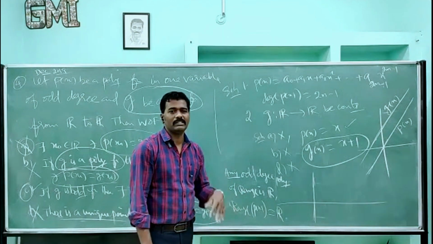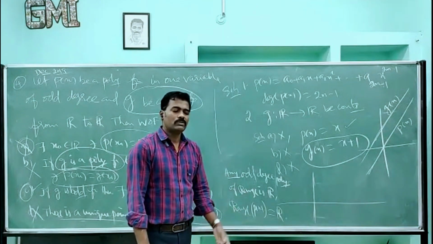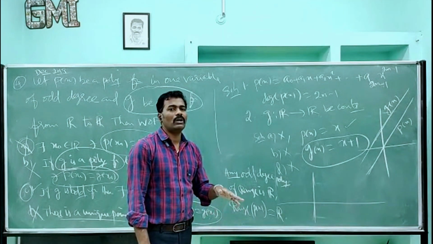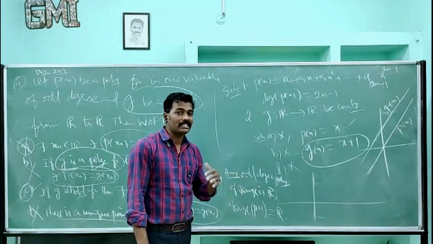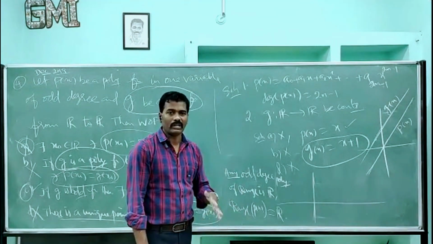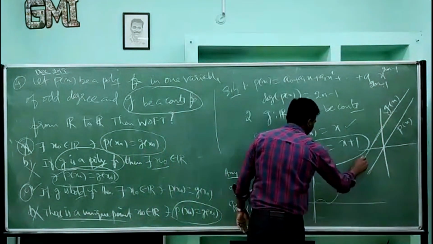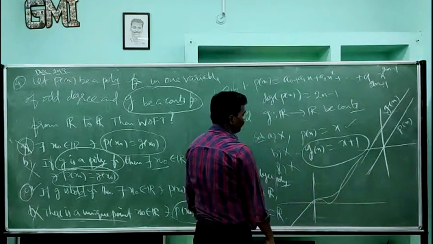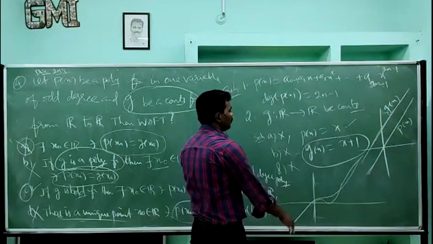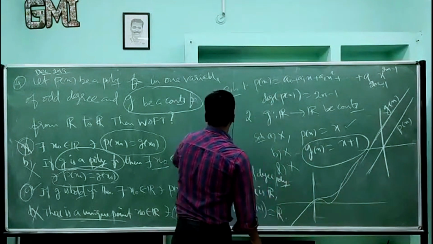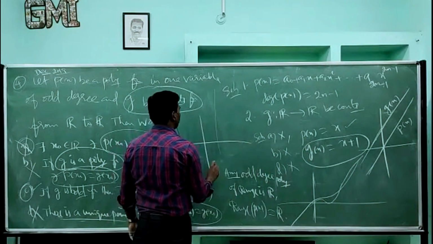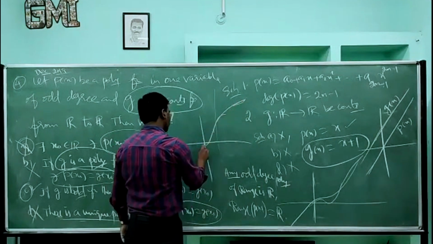All odd degree polynomials are onto functions. Also, one more thing you know: any odd degree polynomial has at least one real root, which means it has to cross the x-axis at least one time.